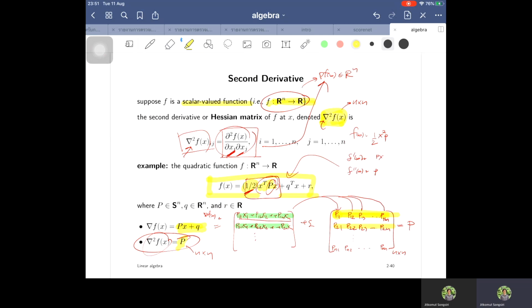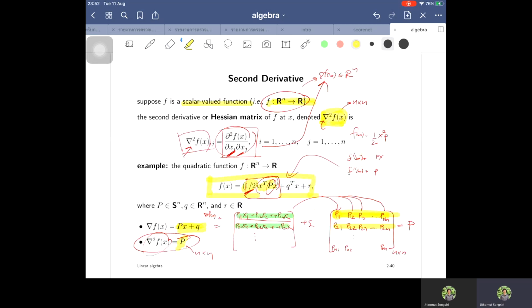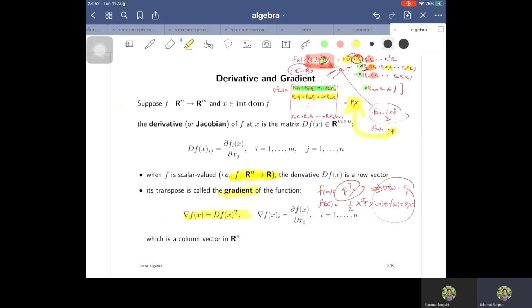Don't get confused if in another place, like on a website or other textbooks, you see people use the term Jacobian but what they mean is a gradient, which is a column vector as well. The Jacobian term is defined in a more general way because it's the first derivative of a vector valued function.